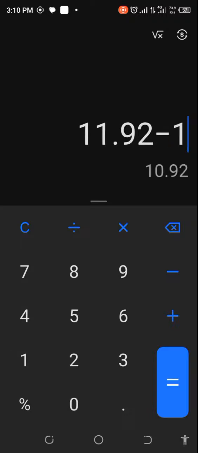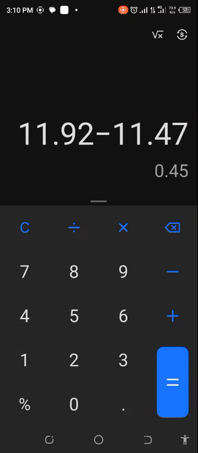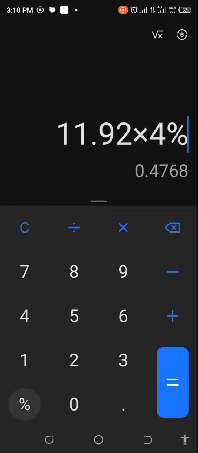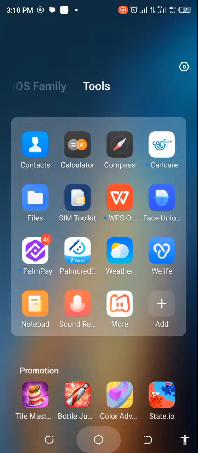So that's 11.92, and we had minus 11.47. Okay, about 45 cents. I think that's about 4%. So we're just in that range. So we're kind of good. That's exactly what we have now.